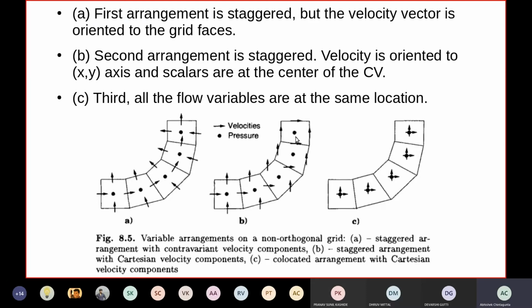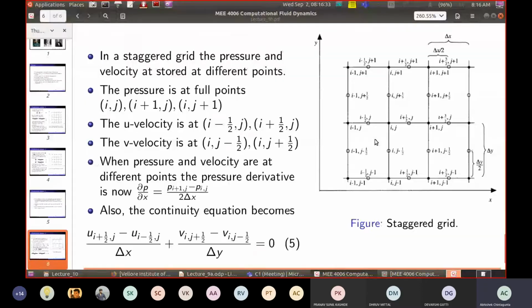So to translate our flow variables placement to our control volume analysis, we have to place our velocity vectors normal to the faces, or normal to the edges, of this staggered grid that we have seen. So your U will always be stored on these lines, and V will be stored on these lines for orthogonal grids or for Cartesian grids.